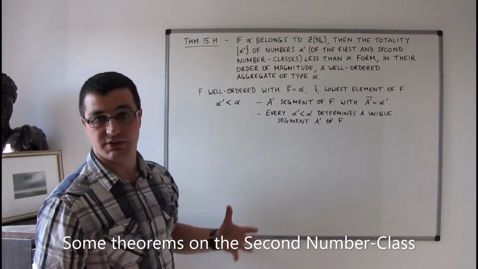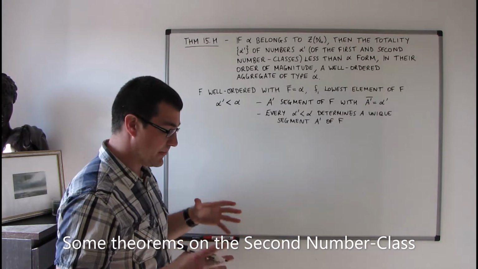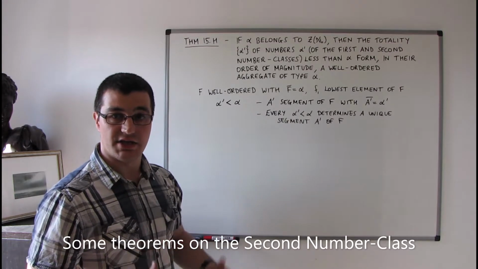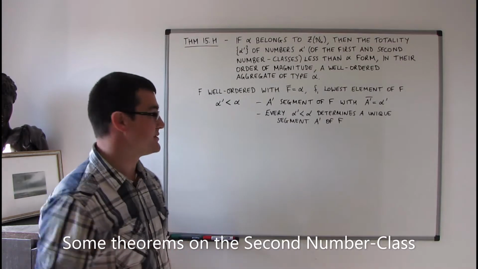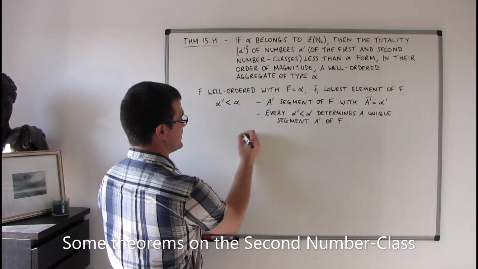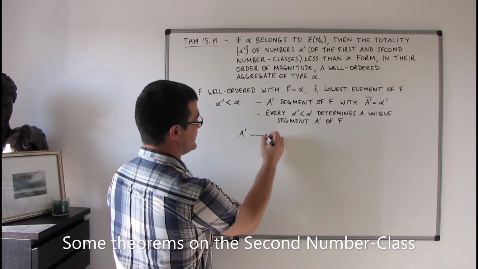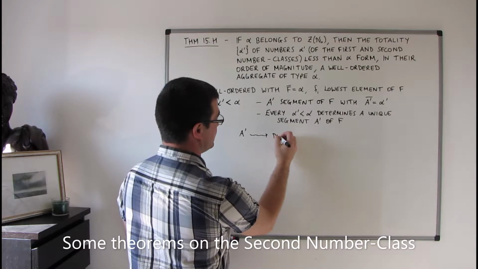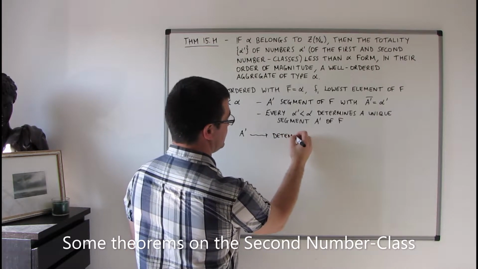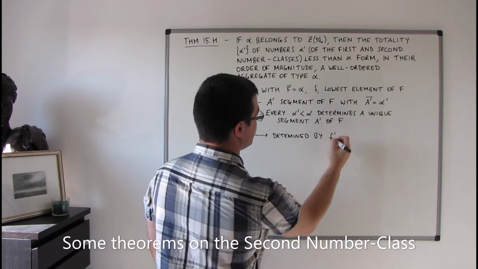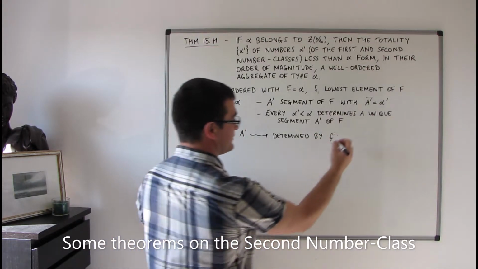But fortunately, every segment of a well-ordered aggregate is determined by a particular element. So let's say that we choose A', a segment of F, which is determined by an element f' of F.